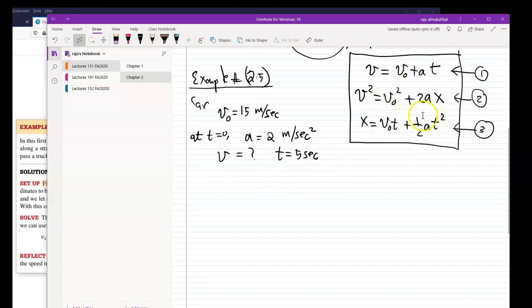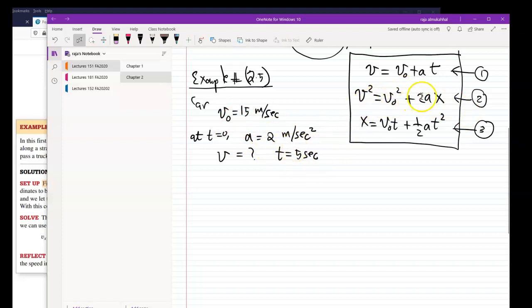Now I come to those kinematic equations and I'll look which one is best suitable for our problem. If you look at equation number 2 here, this one contains velocities, both final and initial, and acceleration, and it has displacement. Well, there is no displacement mentioned in the problem. And of course, this equation does not mention the time, even though the time is given to us.